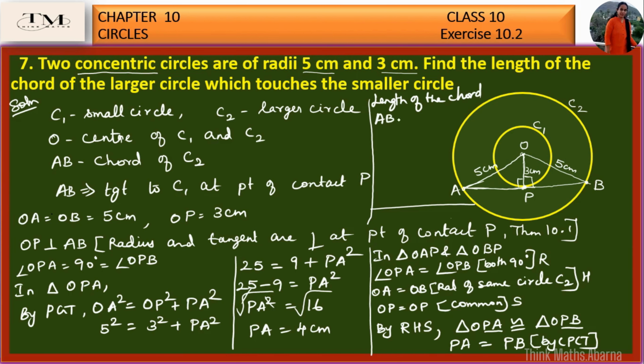The length of the chord AB can be written as PA plus PB. What is PA? PA we found as 4. So it is 4 plus 4 equal to 8 centimeter. So easy. Okay children, do you understand?